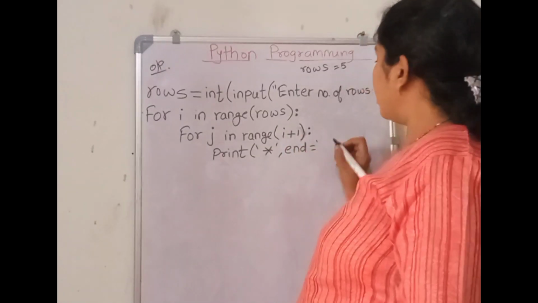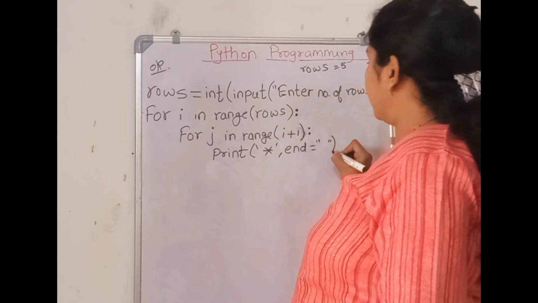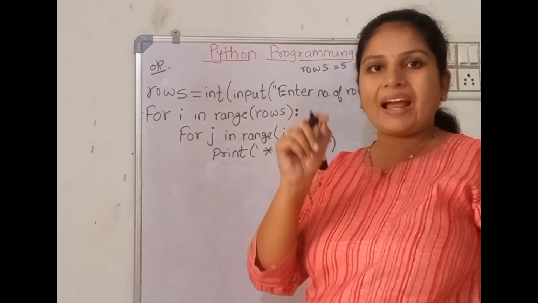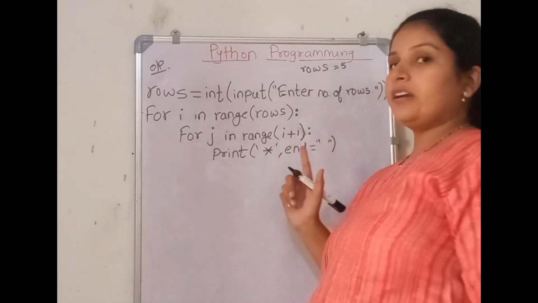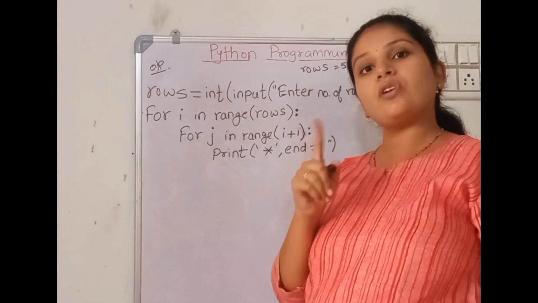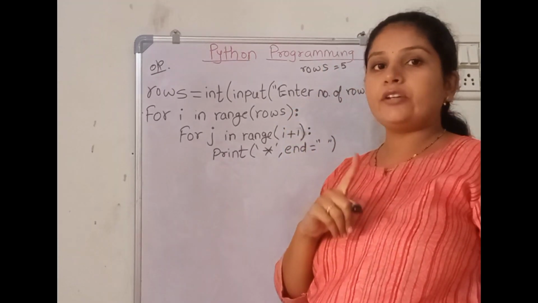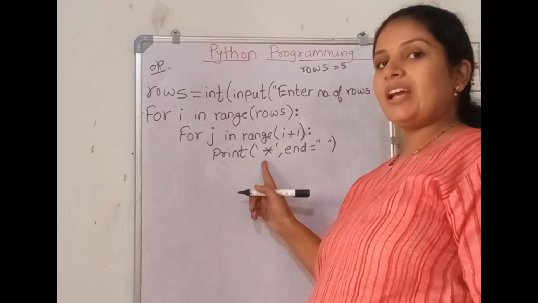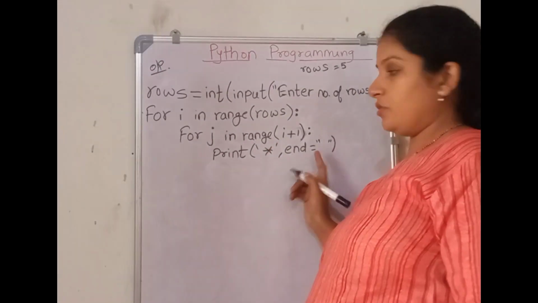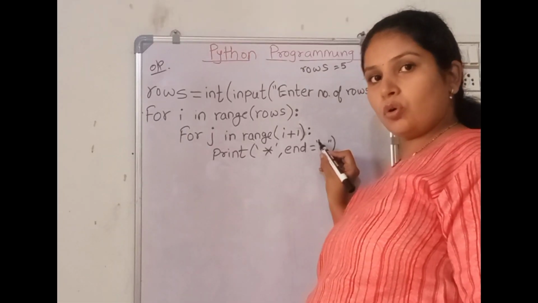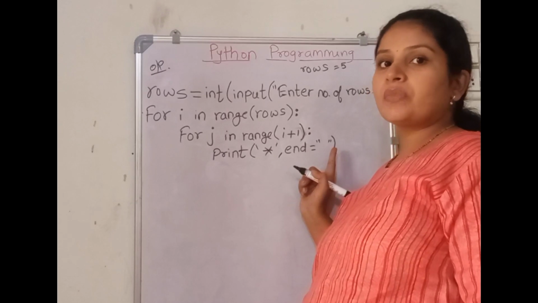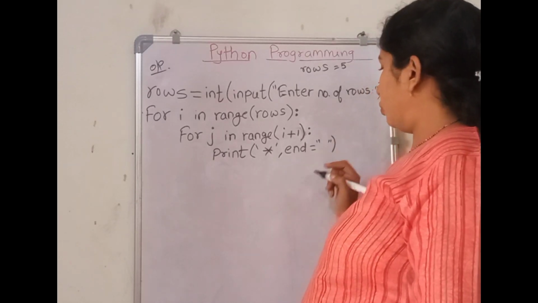Okay, so here I am ending every pyramid sentence with a blank space, one white space, and we have discussed in the first session that white space is also one of the characters that you can mention. So after every asterisk you are ending that line with a blank space. So single or double quote, one space, and you are closing the quote.